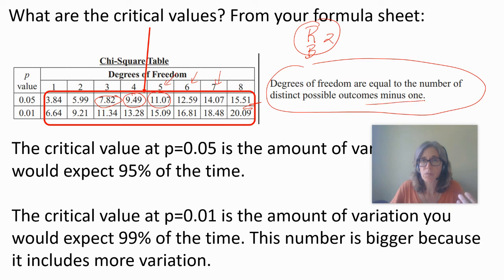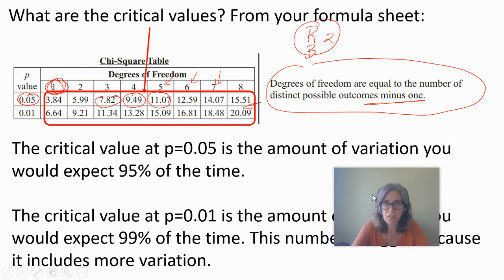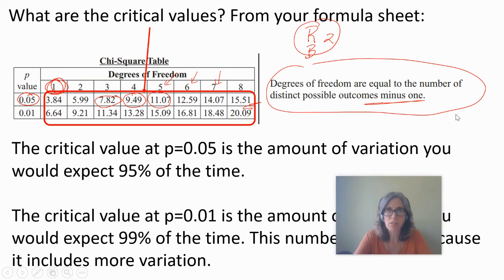So 2 minus 1 is 1. For this example, we are going to use a degree of freedom of 1. I'm going to tell you to use a p-value of 0.05, meaning that there's only a 5% chance that your variation isn't caught within this number.